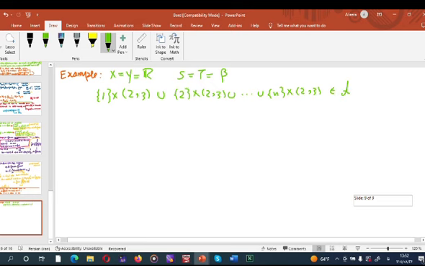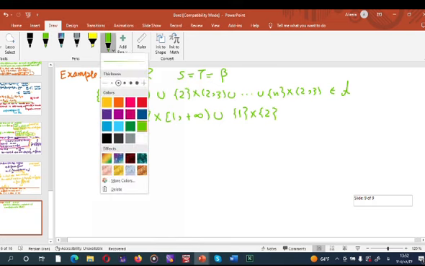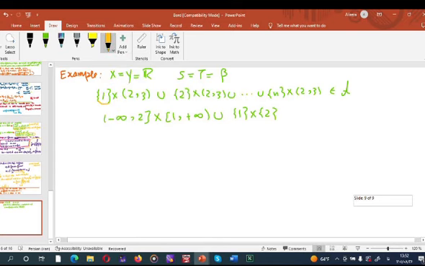Or for example, you can consider this multiplied by this, and you can take union by any other rectangle. Please note that all of these are in our sigma algebra.